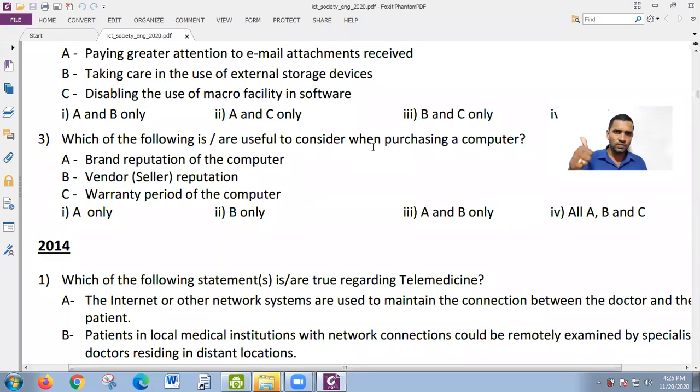First and foremost is your processor speed, right? Your CPU speed, and also your CPU manufacturer, whether it is an Intel processor or AMD, Cyrix. There are many, right? Even the random access memory capacity, the RAM, is important.